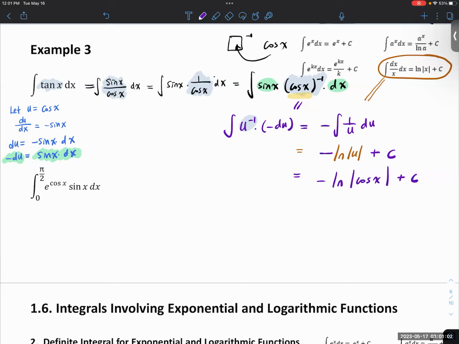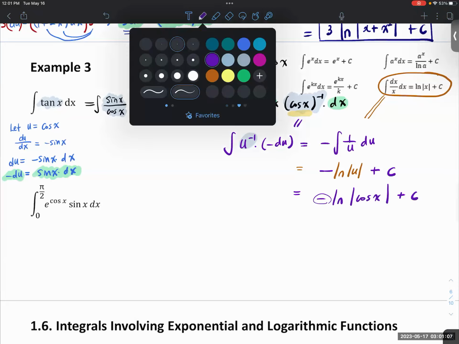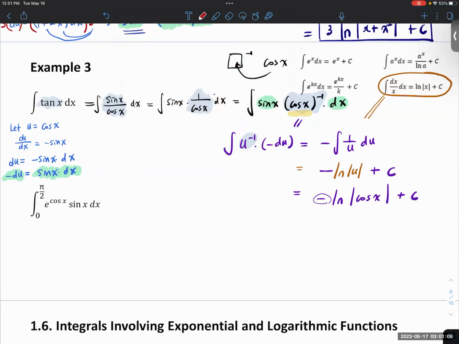And then here, this negative is a little bit bugging me. So please remember, a long time ago in pre-calculus, there's one of the properties. Do you remember ln x to the -a? Whatever the negative or positive exponent, you can bring it to the front. So -a ln x, or ln x to the 2, you can bring this to the front. This is one of the properties in the log function. So therefore, this negative actually came from here.